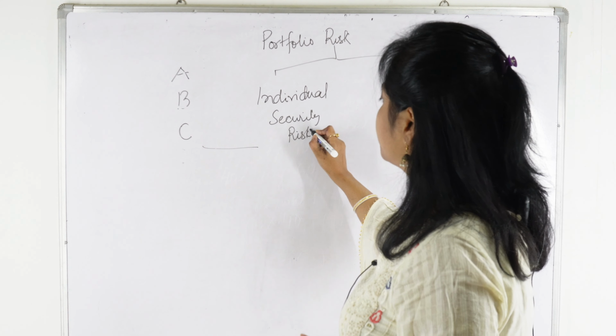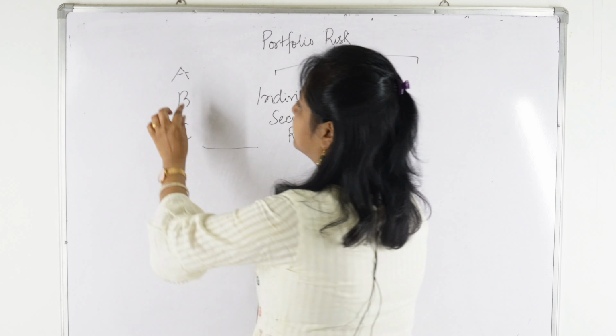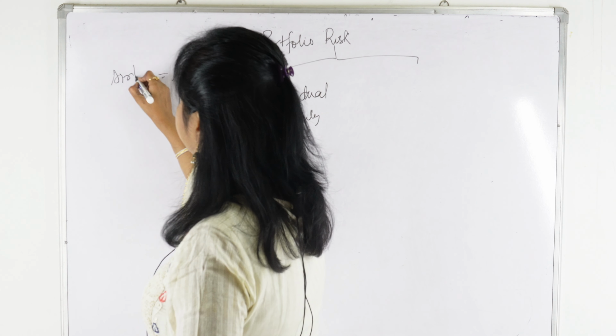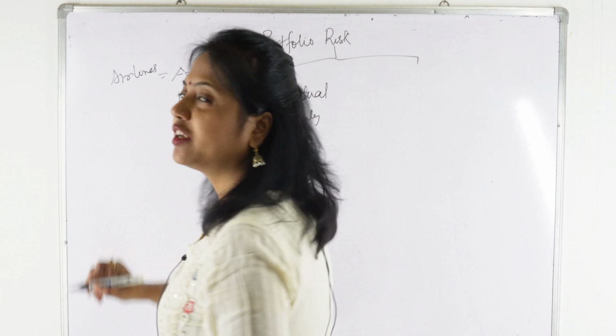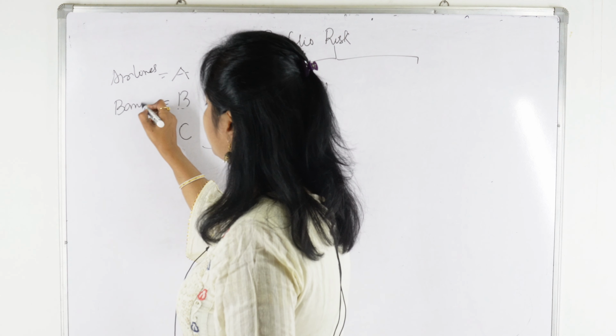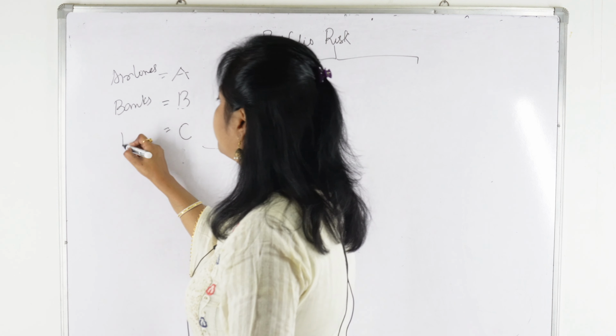But also you must understand this. Suppose A represents that I have bought a share of airlines, the aviation sector. I have taken some bank shares also, so the banking sector, and maybe I have taken some shares from textiles.